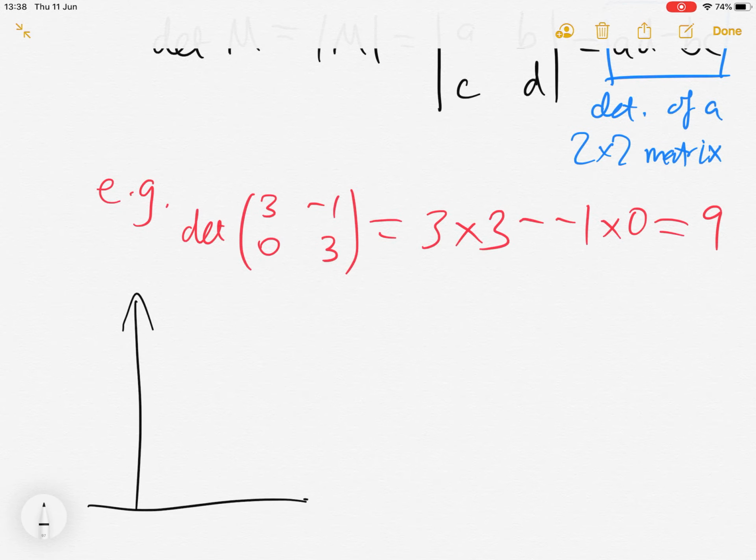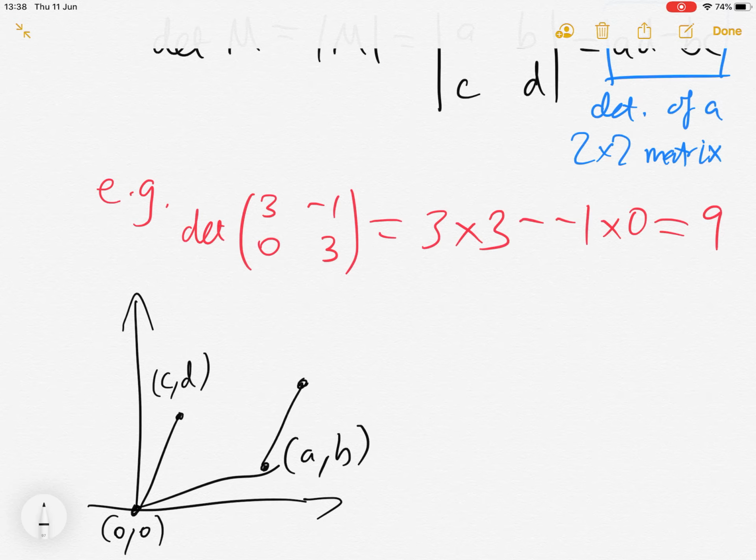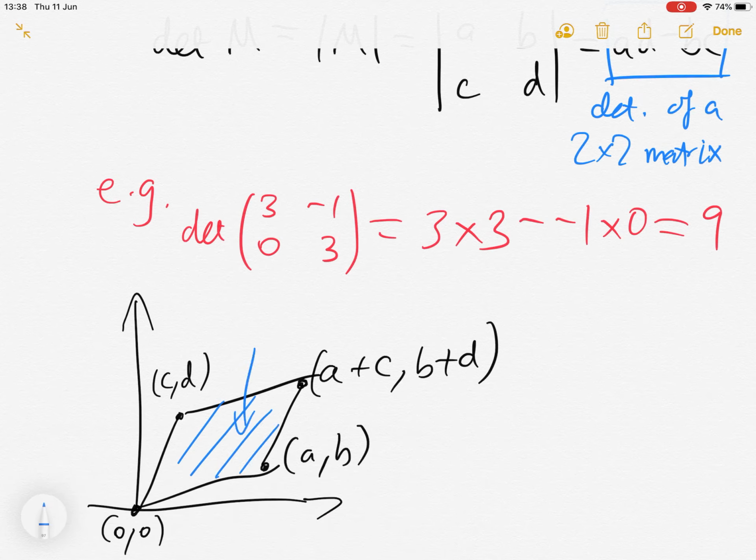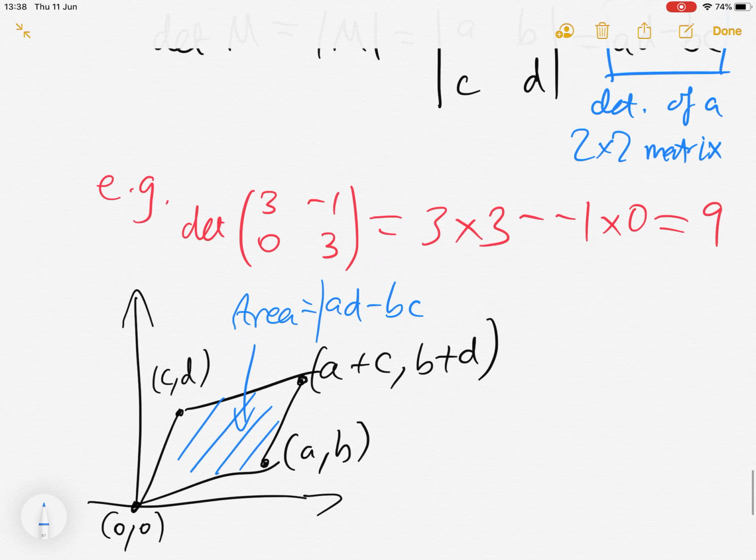But one way to think about it is if we take a parallelogram with vertices 0, 0, A, B, C, D, and the last one up here, which is A plus C, B plus D, then the area of this parallelogram, if we shade it, is equal to AD minus BC, or technically the modulus of this.